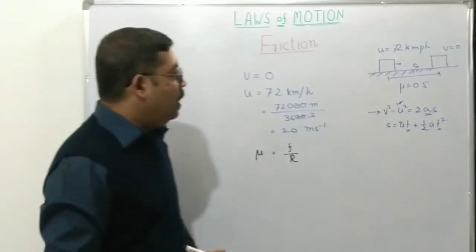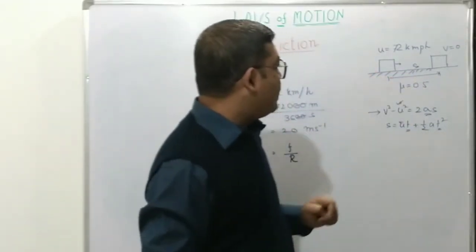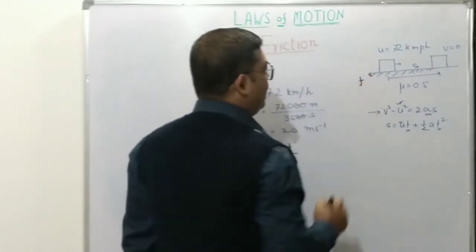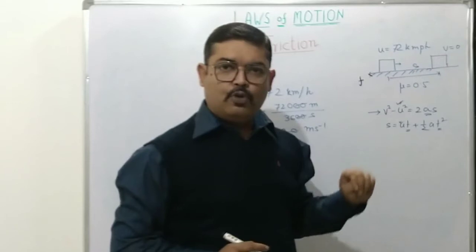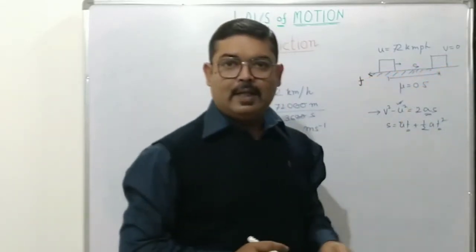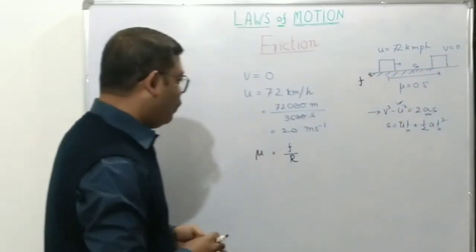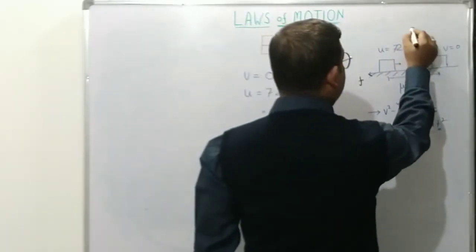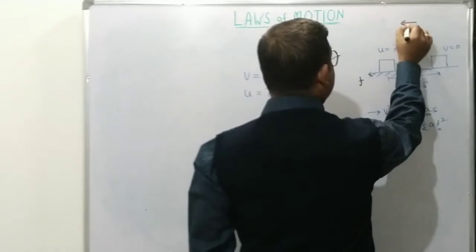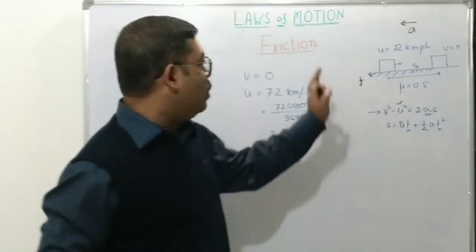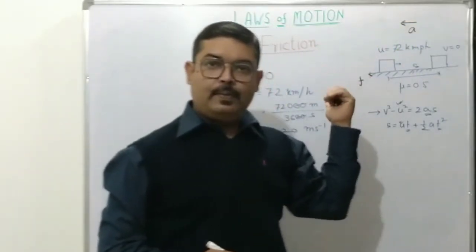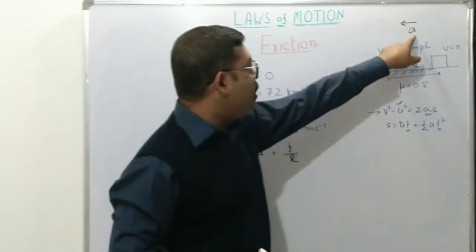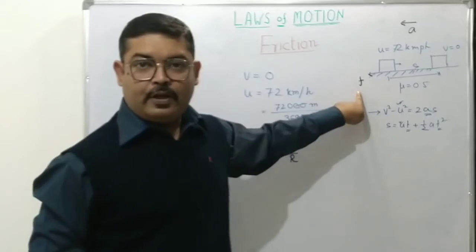In this problem, the frictional force acts in the opposite direction to the direction of motion. There is no other force acting on it. So it is the sole force producing the negative acceleration of the object. The object is moving in this direction, the acceleration will be in the opposite direction. However, in magnitude, this acceleration is produced only by this force of friction.